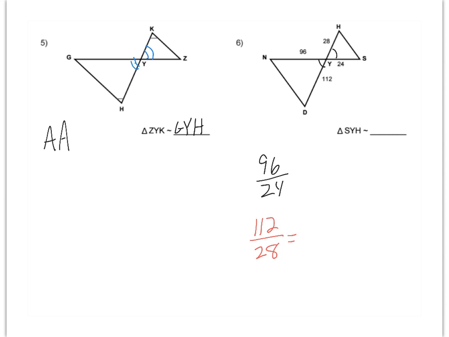So for these to be similar with side angle side, those have to simplify to be the same ratio, same number, whether it's a fraction or whether it's a whole number. And what I get when I simplify that is that both of them equal 4. So I've got two pairs of sides with similar ratios, or congruent ratios, they're the same ratio. I've got a pair of congruent angles, and that angle is between the two sides.